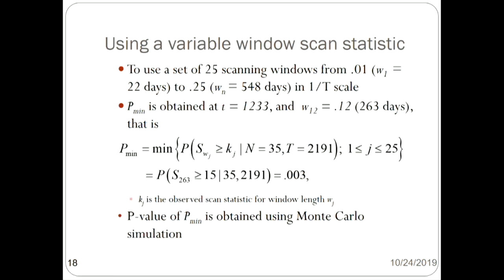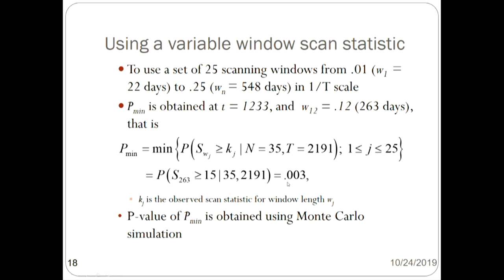But if I use the p-min test statistic, which means we slide the window, find the maximum number of events, use the approximation to calculate the p-value, and then find the p-min value, the minimum of the p-value, we found that the minimum p-value happened on exactly the same day, t equal to 1233, with a slightly different window length of about 263 days.